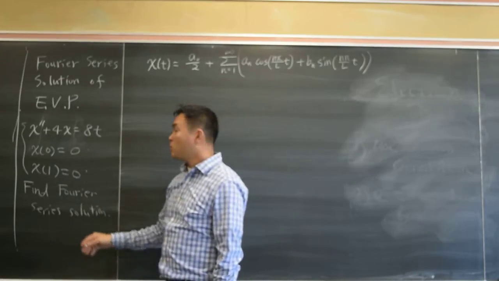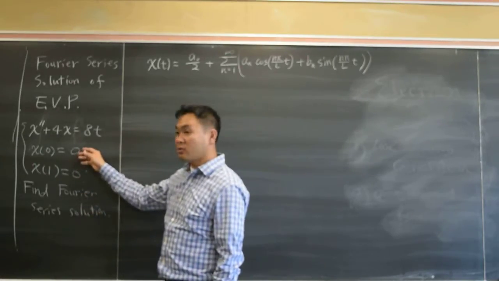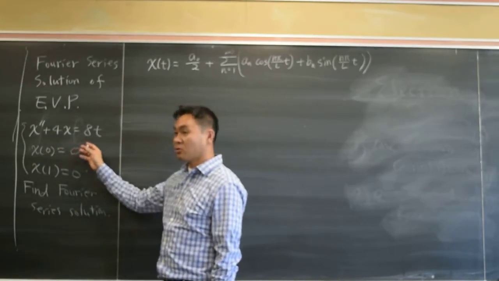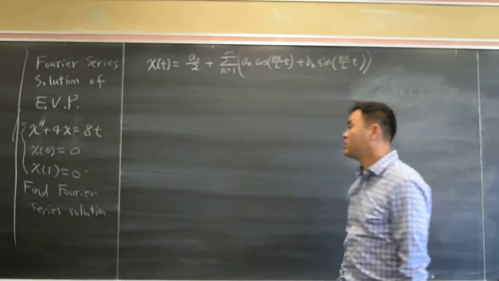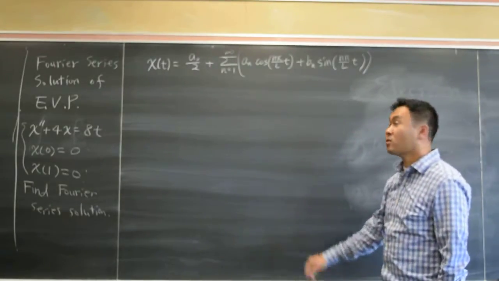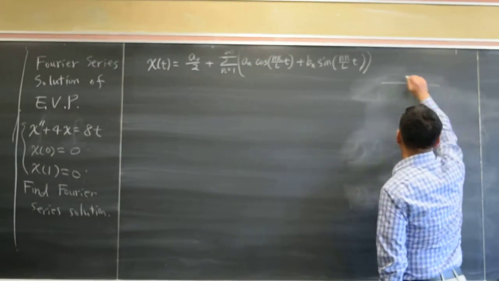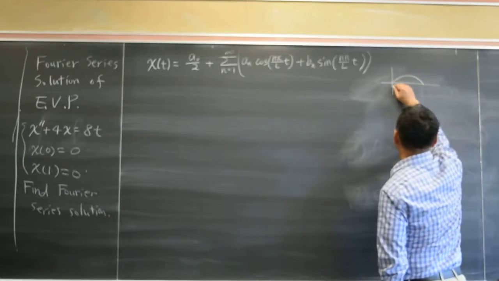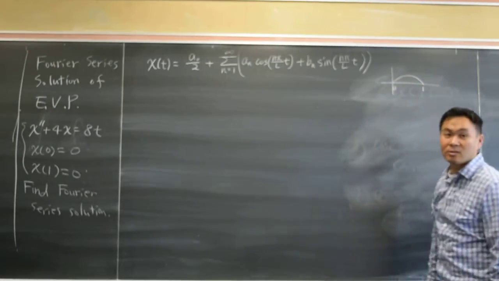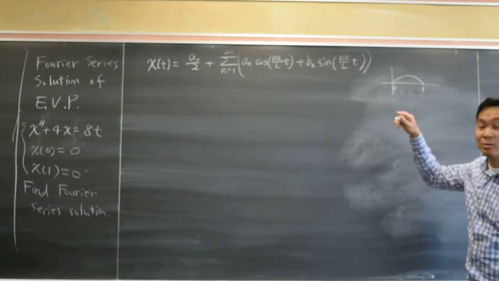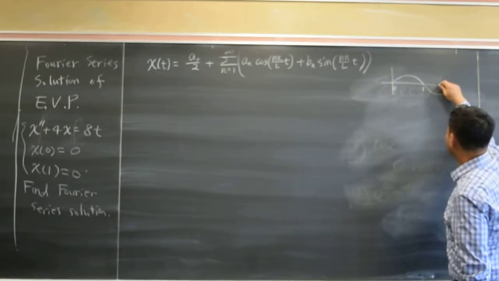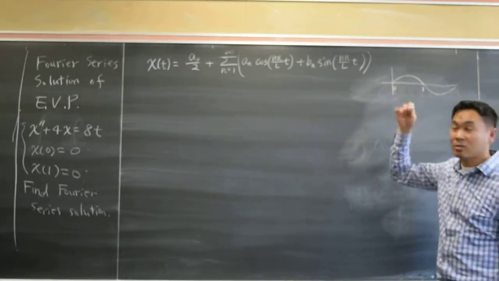What kind of function will always satisfy x of 0 equals 0 and x of 1 equals 0? So think about a function that's like this: 0 here, 0 here. Would this be sine, right? Because if it's like that, that's like a sine curve, right?